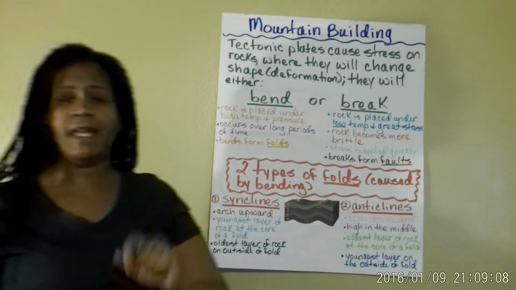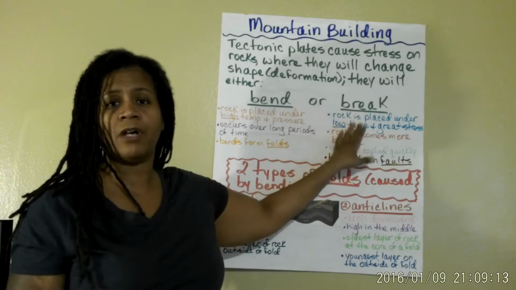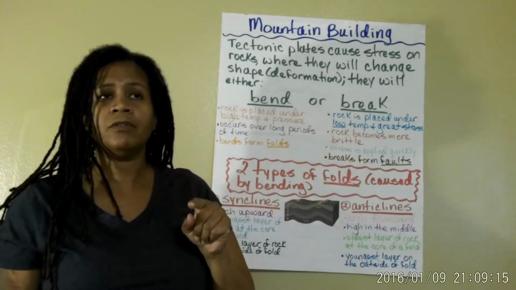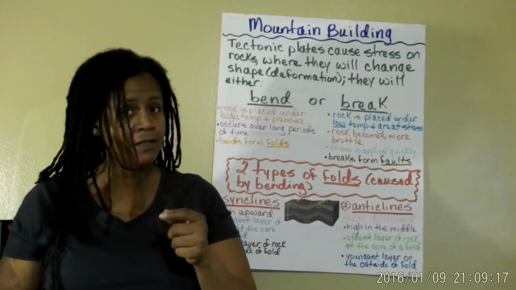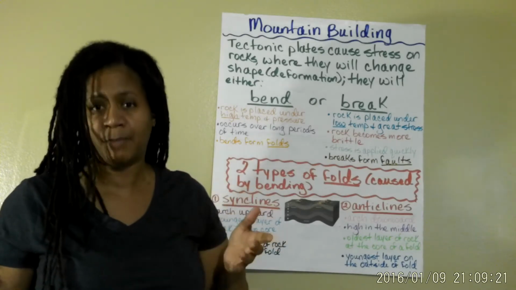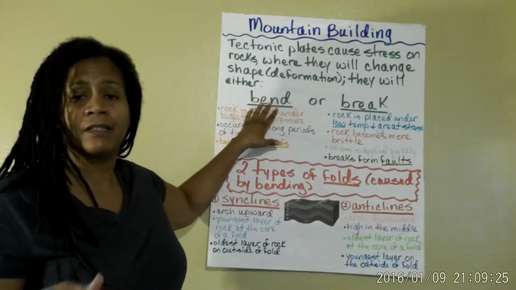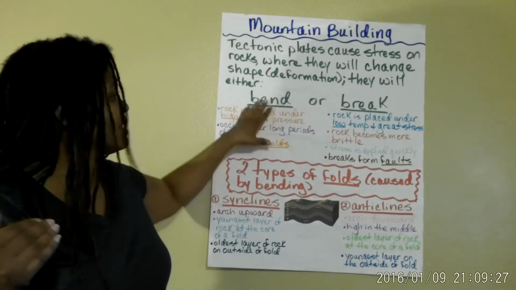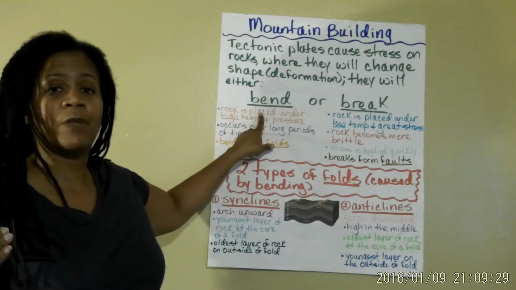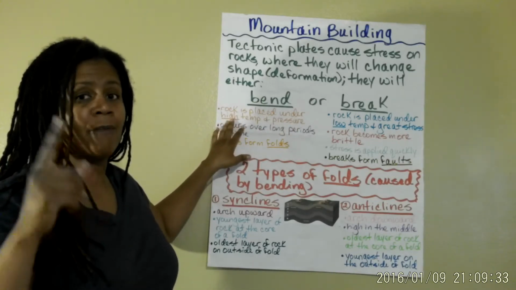When they bend, what I want you to think about when we talk about this is cooked spaghetti versus raw or uncooked spaghetti, okay? When rocks bend or tectonic plates bend, that is when the rock is placed under high temperature and pressure.